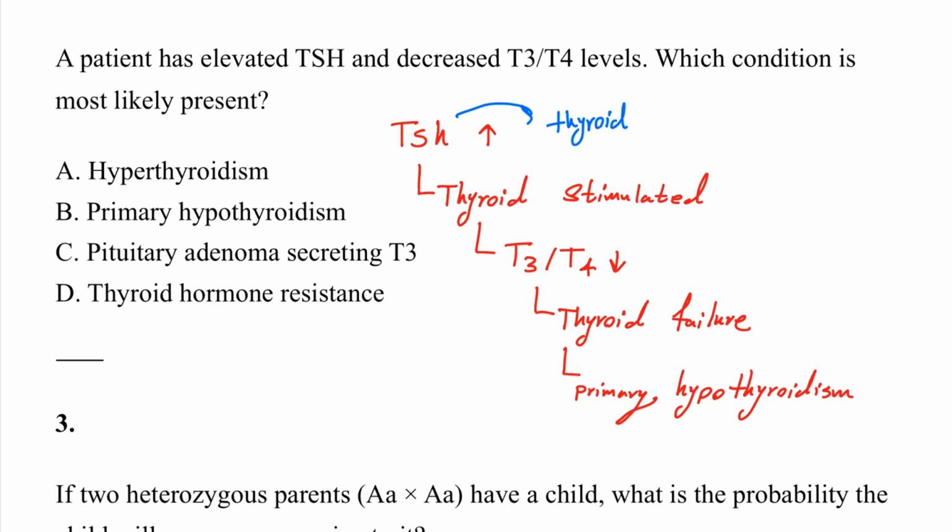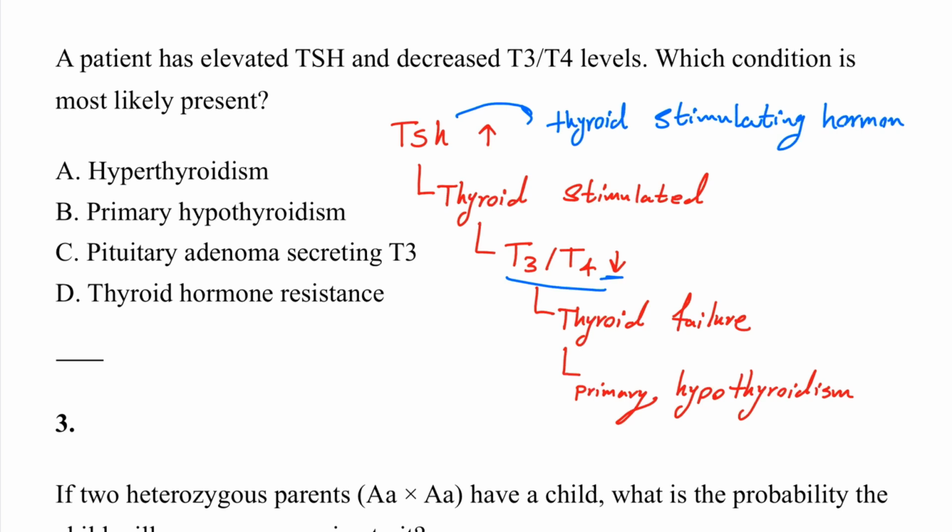Normally TSH tells the thyroid gland to produce T3 and T4. In this patient, TSH is elevated, which means the pituitary is working harder than normal. However, T3 and T4 levels remain low.